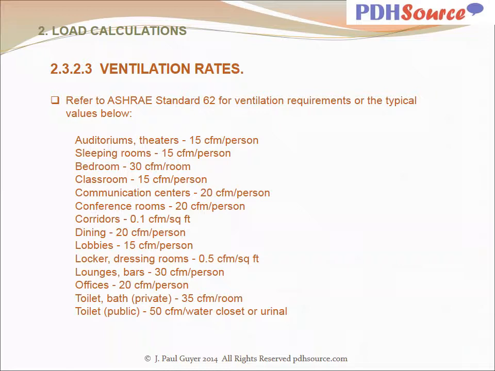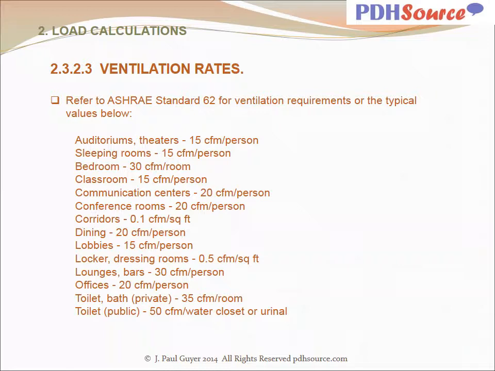Now, infiltration rates, that's the air that comes into the building inadvertently. It comes in through cracks around windows, through cracks around doors, through the fact that people are coming and going perhaps through the exterior doors, and every time they open the door, some of that outside air gets in.